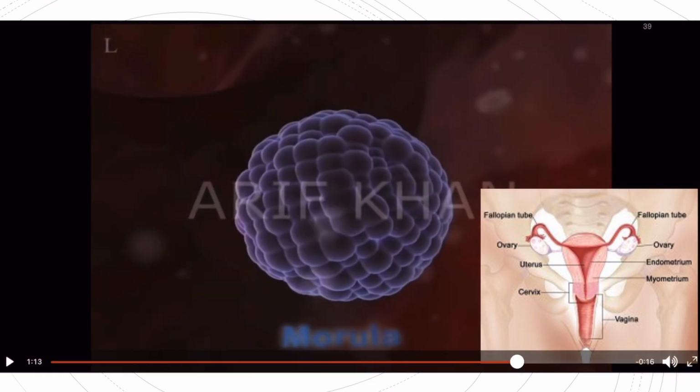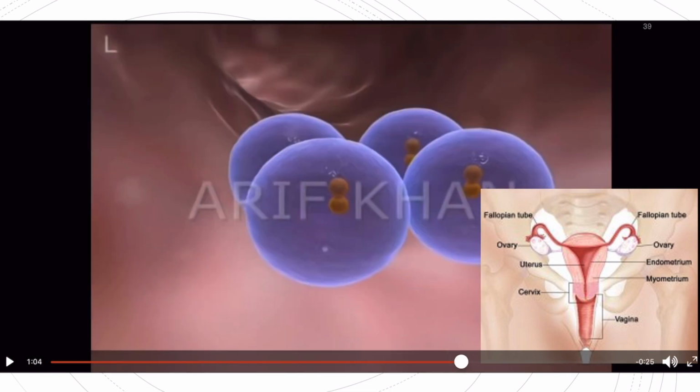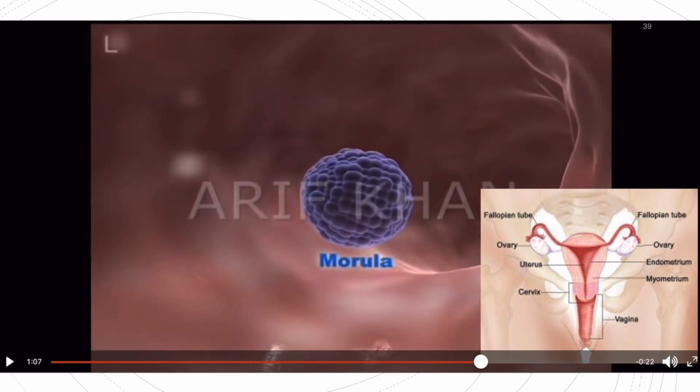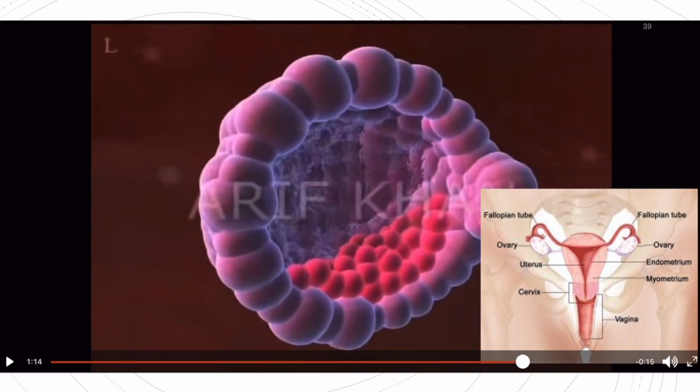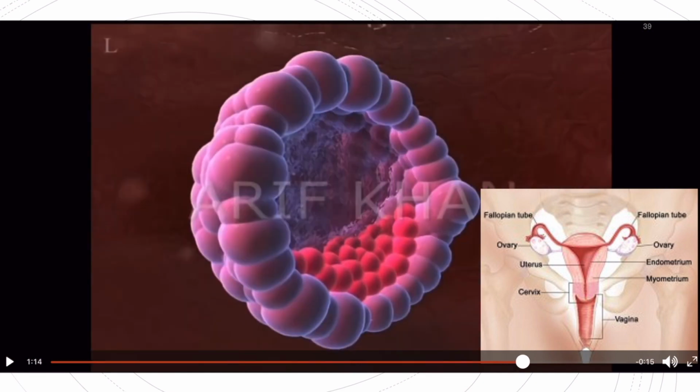Let me just go back. What's the difference between the morula stage that you see there? The morula is a solid group of cells. However, as time goes on, it continues to divide by mitosis to form a hollow ball of cells. So there is the hollow part over there, a hollow ball of cells.